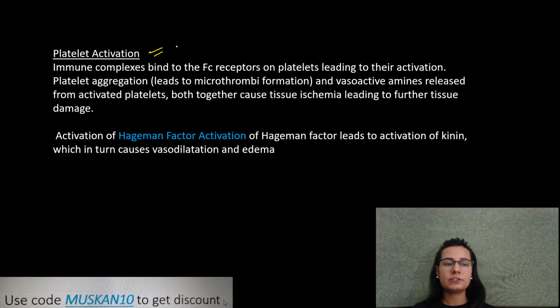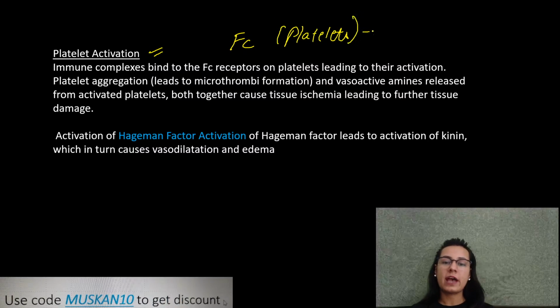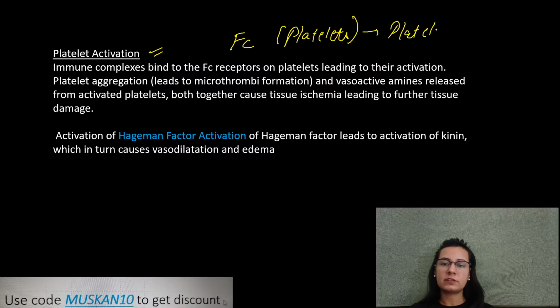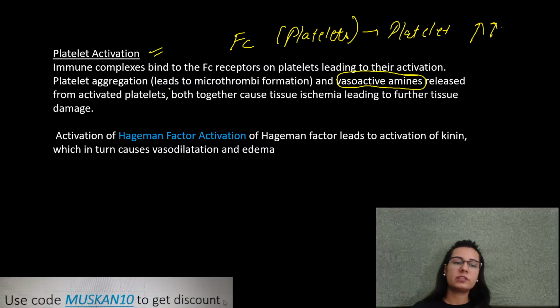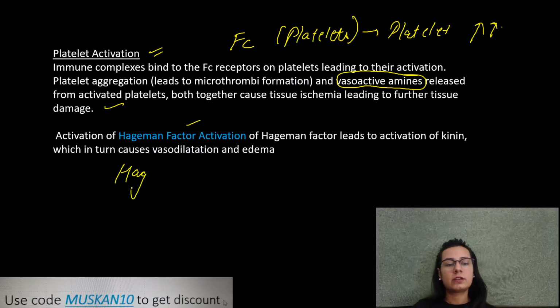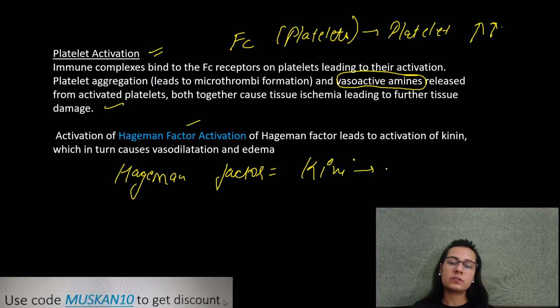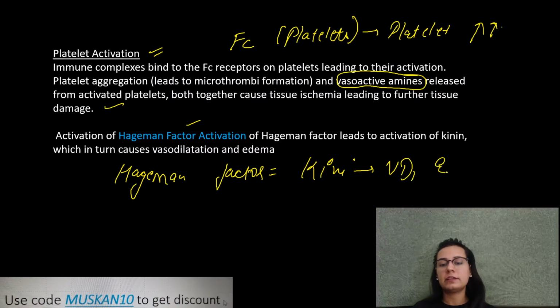Now, platelet activation: immune complex binds to the Fc region present on the platelet, also leading to activation of the platelet, causing the release of amines and further leading to ischemia and damage, and activation of Hageman factor, which leads to activation of kinin, which in turn causes vasodilation and edema.